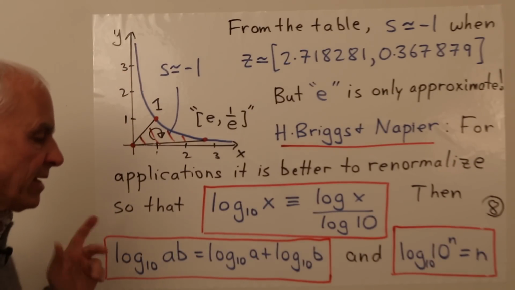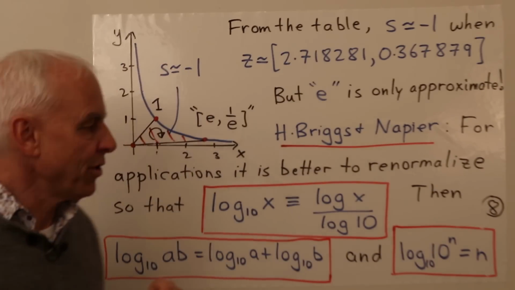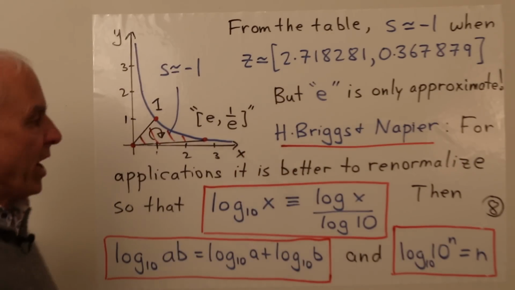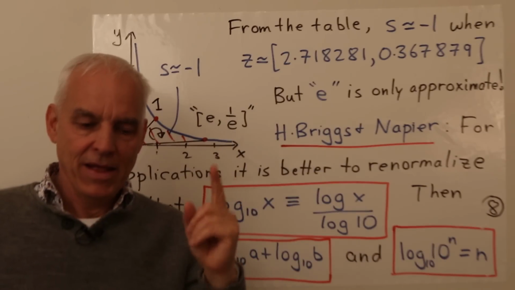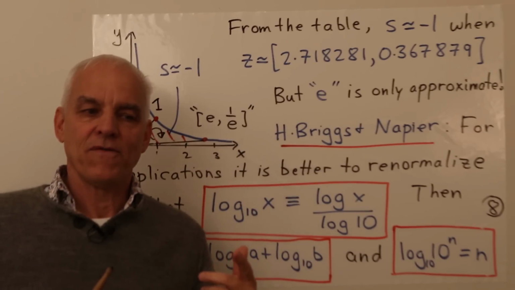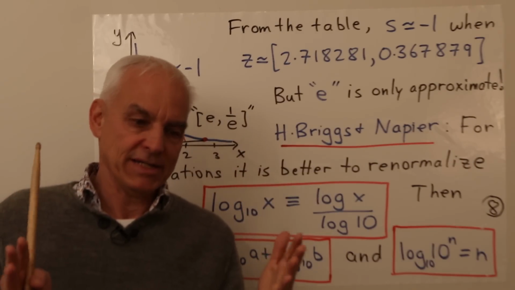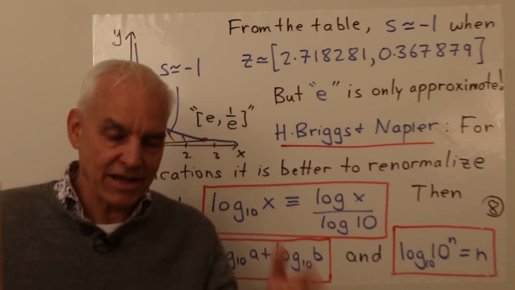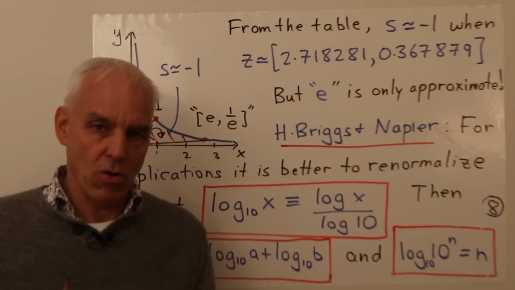Okay, but Briggs and Napier came to the conclusion that it was more useful to have a very nice value where the total log is reaching the value 1. And nice for them meant related to our decimal number system, because that's what we do our computation with. We do computation with decimals, and so the number 10 plays an important role.